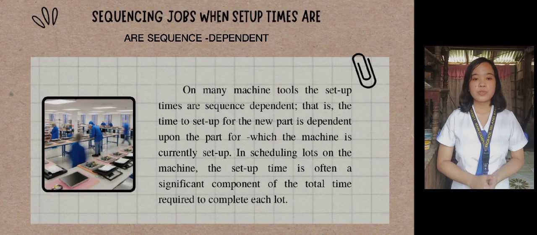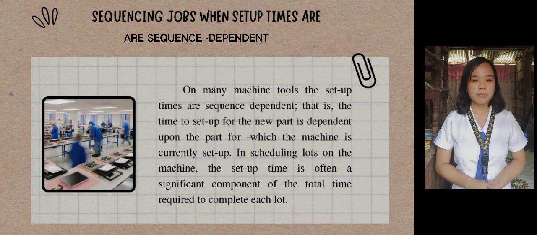And now let's proceed to the next topic, which is sequencing jobs when setup times are sequence dependent. On many machine tools, the setup times are sequence dependent. That is, the time to set up for the new part is dependent upon the part for which the machine is currently set up.